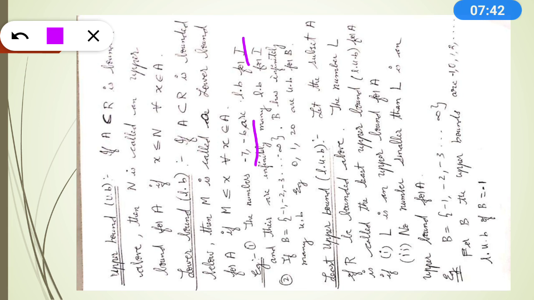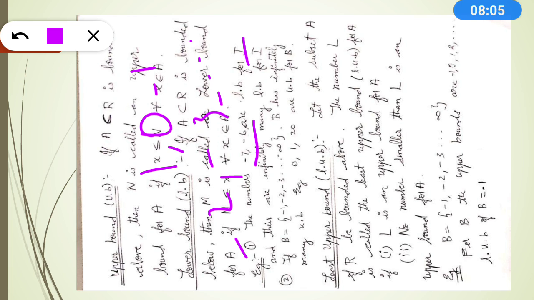For example, for the set of positive integers, I can have 1, 0, -1, -2, -3, etc. All these elements are less than the given set. Therefore, there is an infinite number of lower bounds.